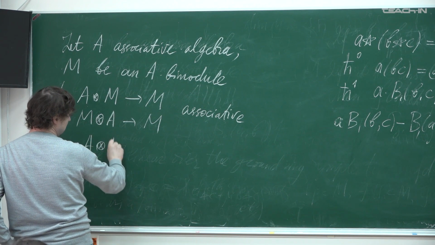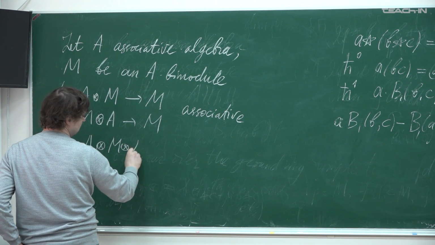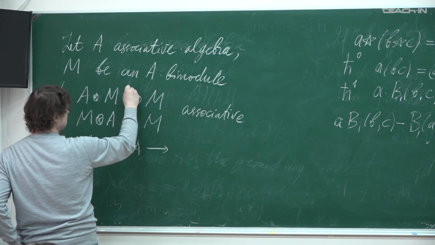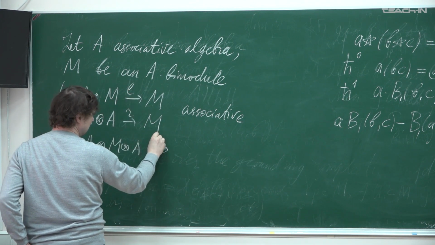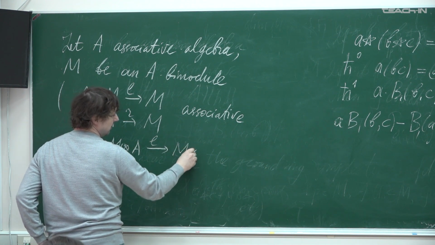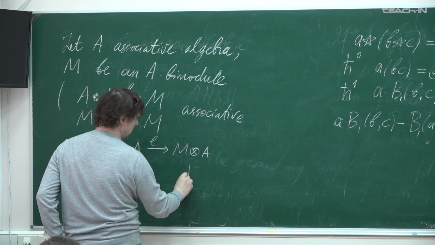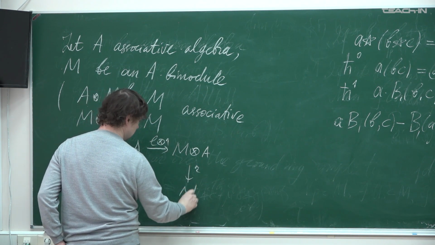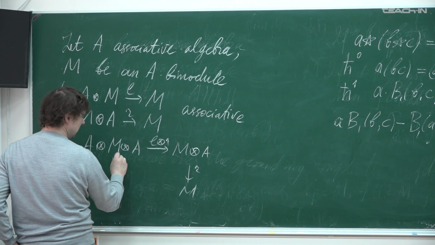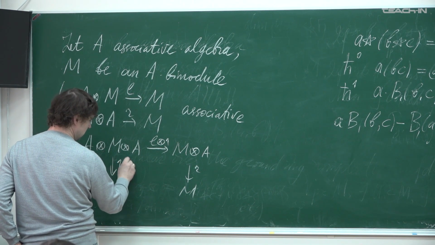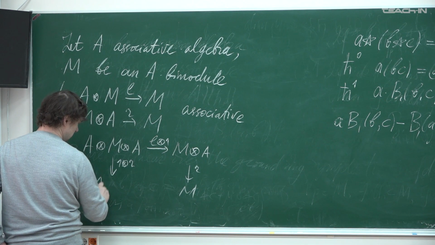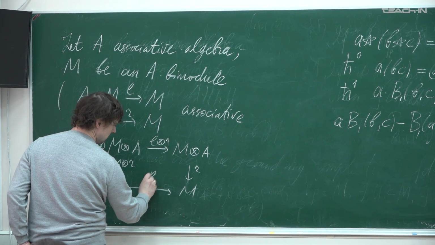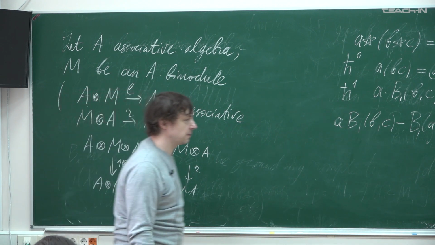The left action of A commutes with the right action of A. So if I call this left and this right, then you can take left here and up here. Then you take the right action, and this will be the same as this composition. Right.